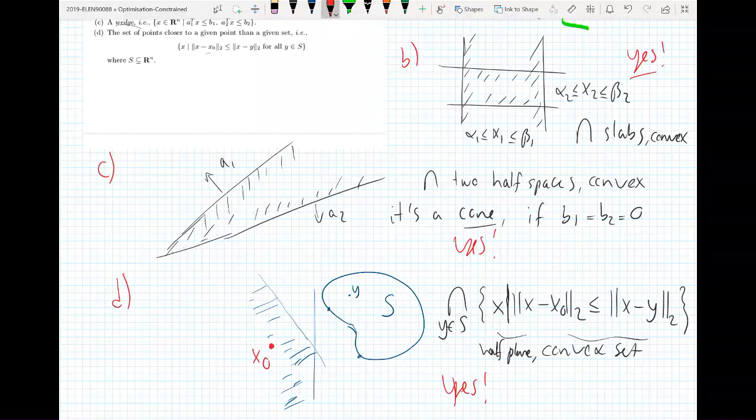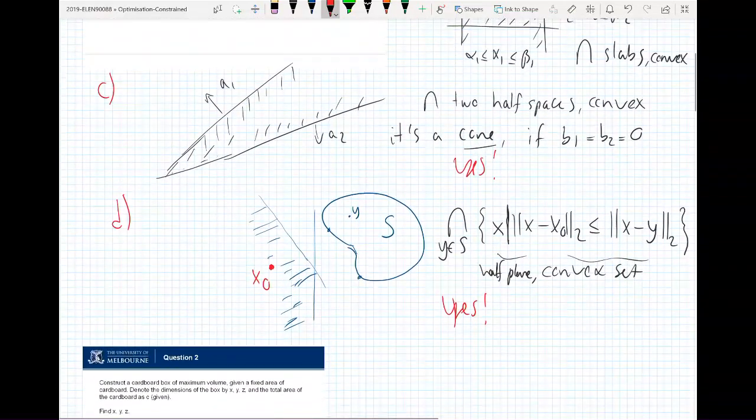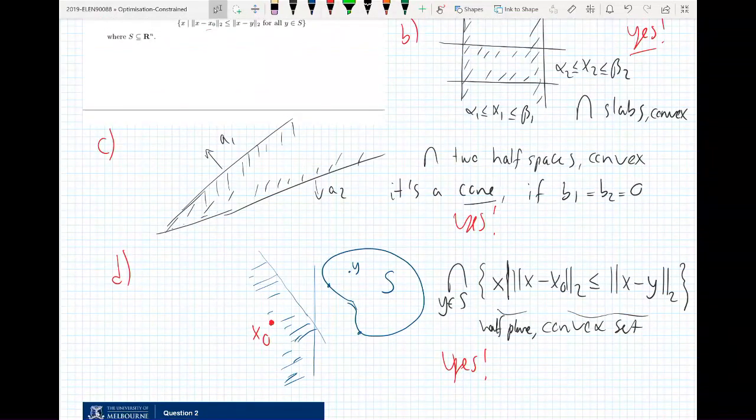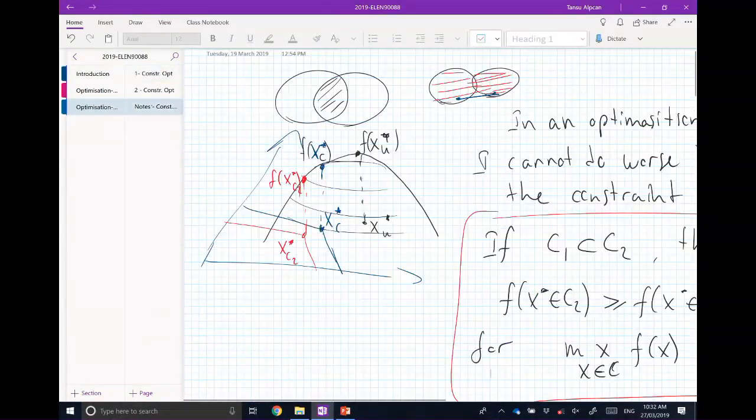The convex optimization is defined through convex functions, convex objective functions on convex constraint sets. Right? You call an optimization problem convex optimization problem only if the objective function is convex and the constraint set is convex. So I think we should also write this in our notes.